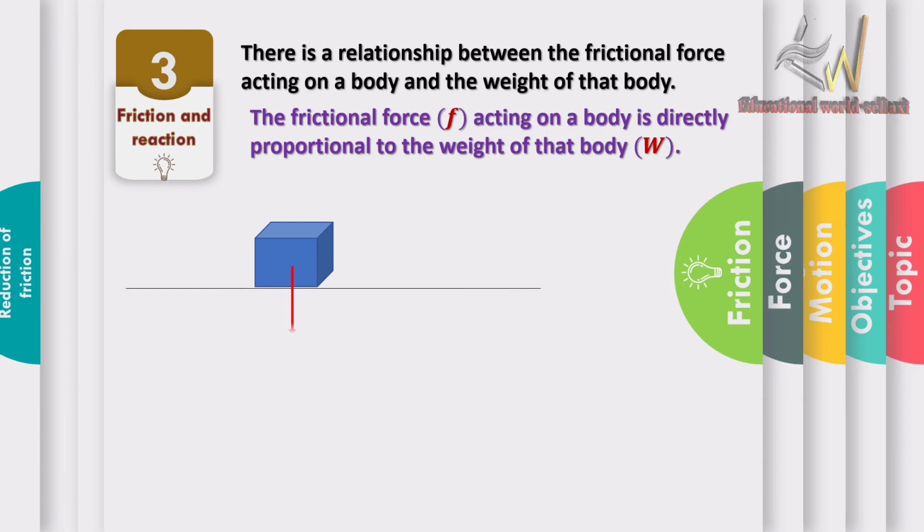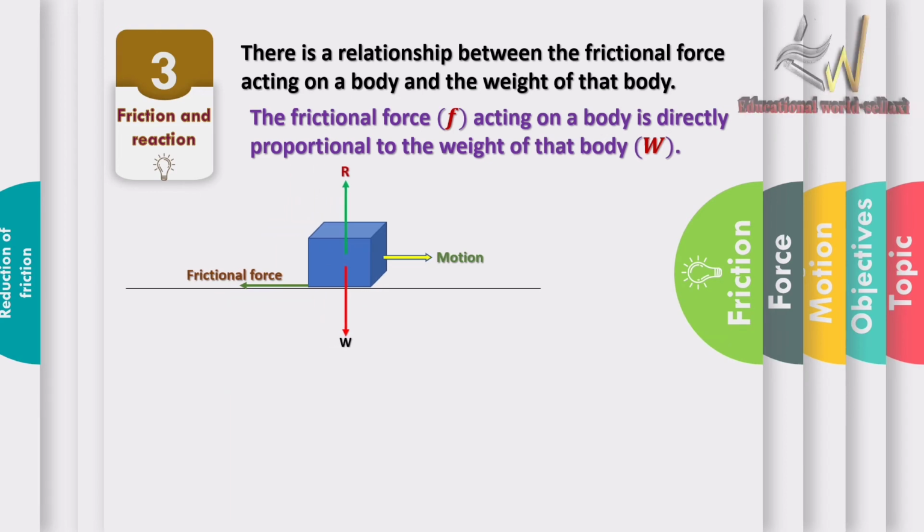The weight of that body is acting downwards, and the ground supports the weight of that object with an equal and opposite reaction R. So the weight of the body W is equal to the value of the reaction R, and the frictional force acts in opposition to the direction of the motion of that body.